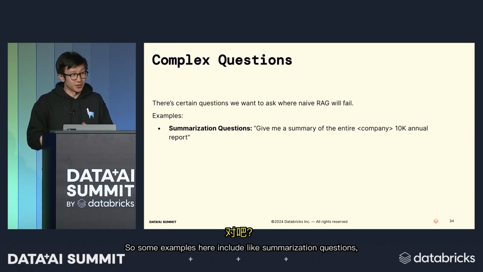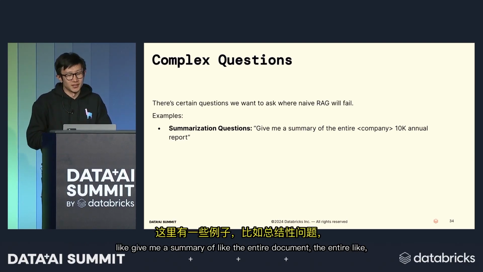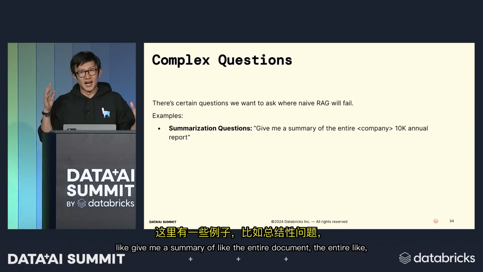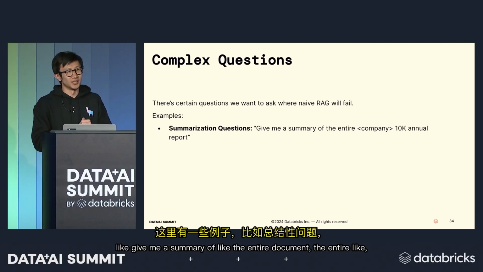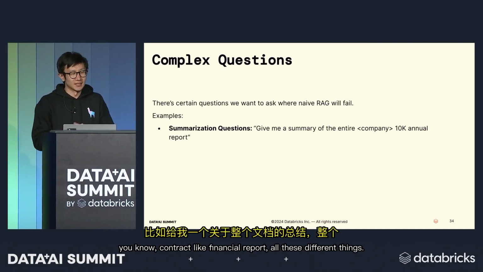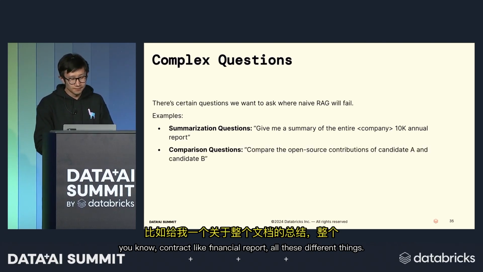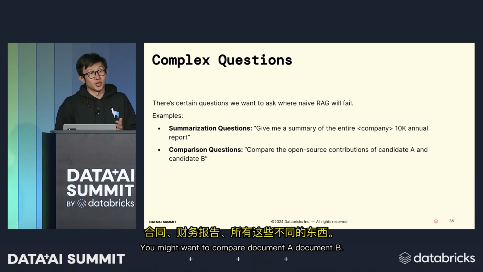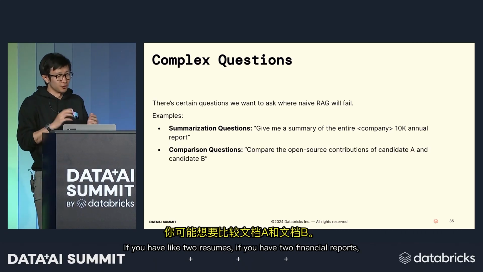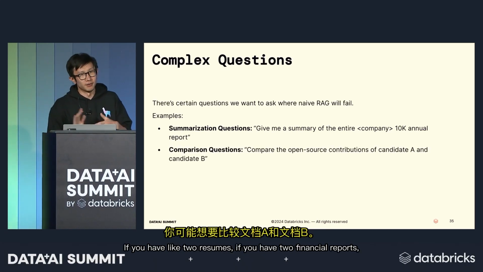Some examples here include summarization questions, like give me a summary of the entire document, the entire contract, financial report, all these different things. You might want to compare document A and document B, if you have 2 resumes or 2 financial reports.